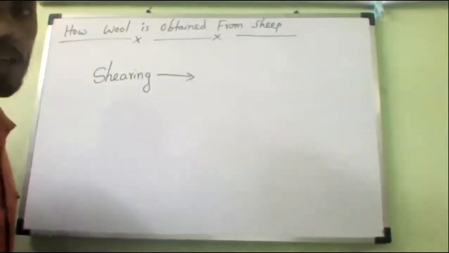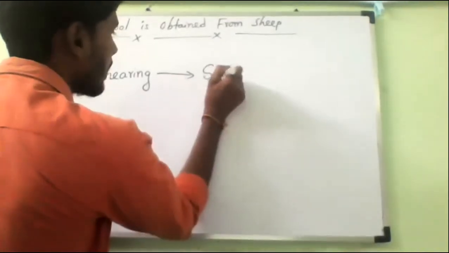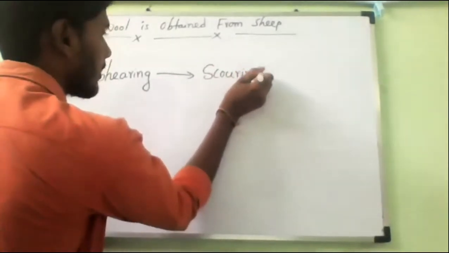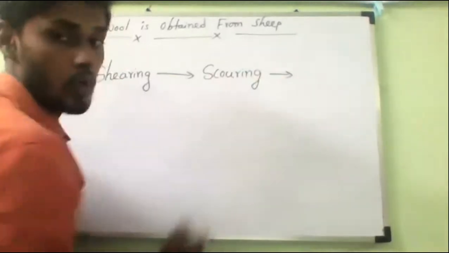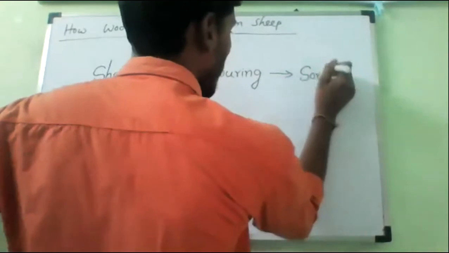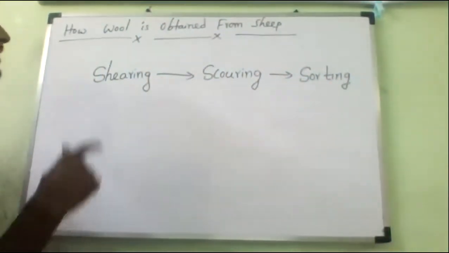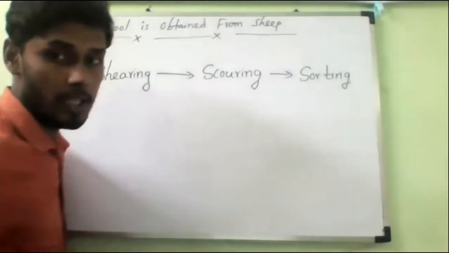After shearing, we do scouring, S-C-O-U-R-I-N-G. I will tell you what that is. The next one is sorting. What should we call it? Sorting. Understand? Triple S: shearing, scouring, and sorting.